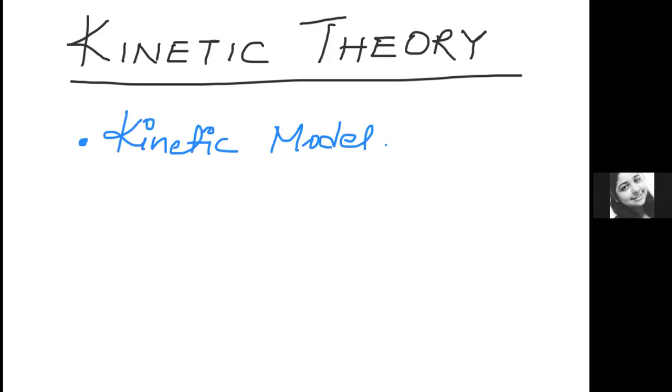The kinetic model actually gives you some idea about the kinetic theory of gases. The properties of gases can be explained on the basis of this kinetic model of gas. And according to this model, every gas is made up of minute particles, and these are called the molecules. So the kinetic model gives us the concept of molecules, which are minute particles.